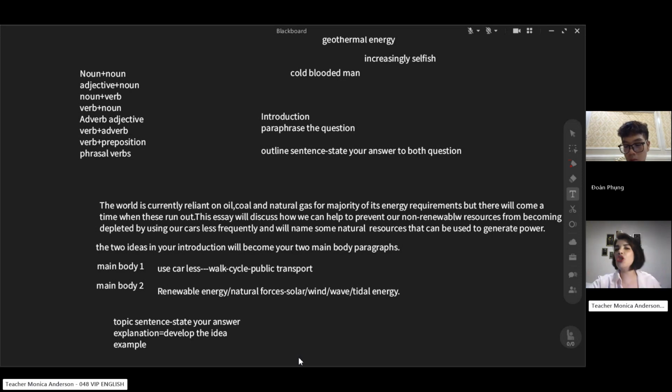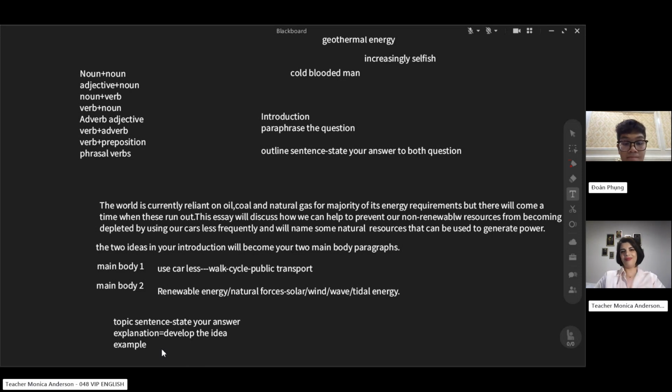It plays an important role in ensuring that your ideas flow logically from one to another. That's really important. Main body 1, you help me. What is the topic sentence in main body 1?